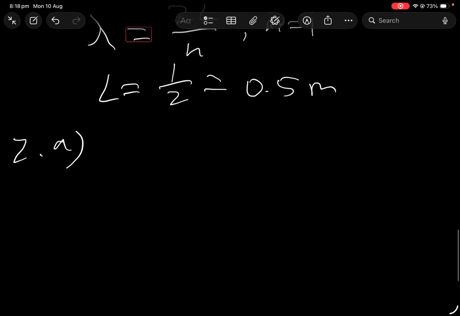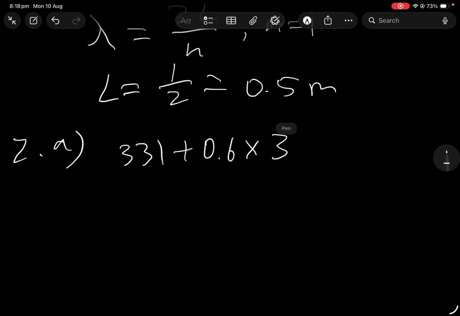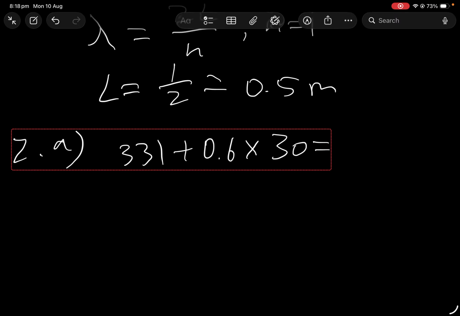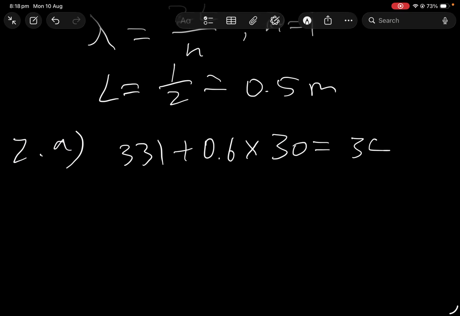So you want to find the wavelength in the warm room. As we use the equation from the last question, we want to find the velocity of the sound in the warm room, which equals 331 plus 0.6 times 30, 349 meters per second. And the doorway is 0.9 meters.